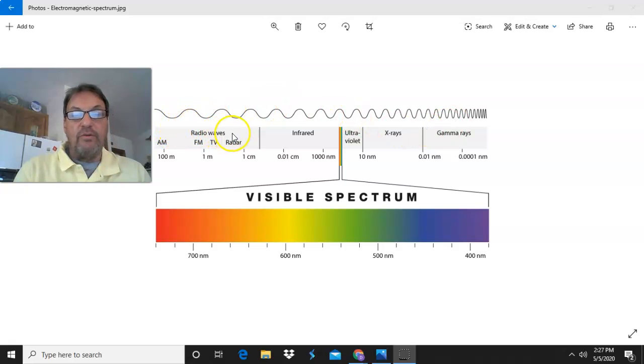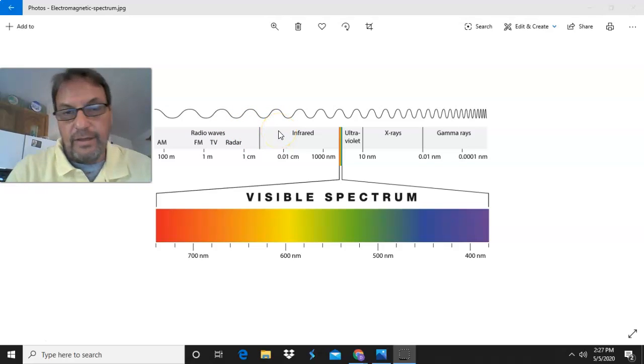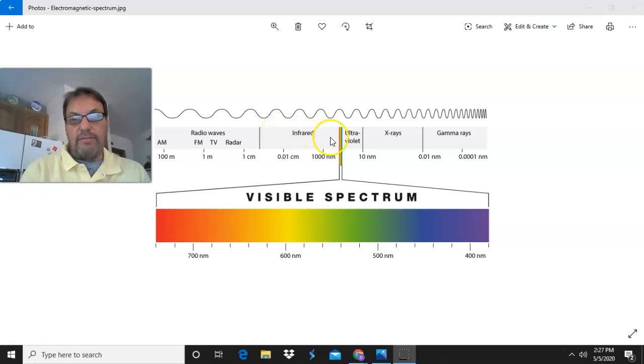So we start with radio waves. The microwaves are not in here, but they should be. They go right in between radio waves and infrared. Infrared is going to be right beside the red on the visible spectrum. That's the first color that we can see. And then that goes red, orange, yellow, green, blue, indigo, violet, ROYGBIV.